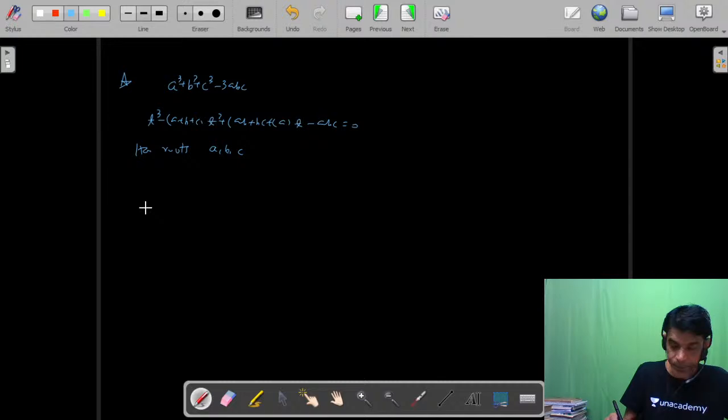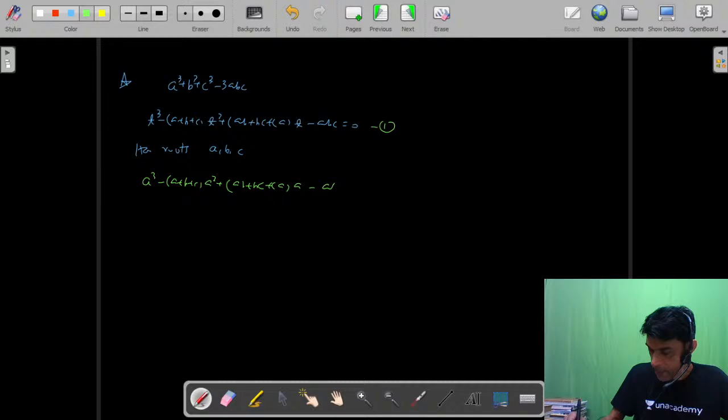So if this has roots a, b and c, I can plug in a here. So I'll get a cubed minus (a plus b plus c) times a squared plus (ab plus bc plus ca) times a, minus abc equals 0. Similarly, we can have b cubed also, right?